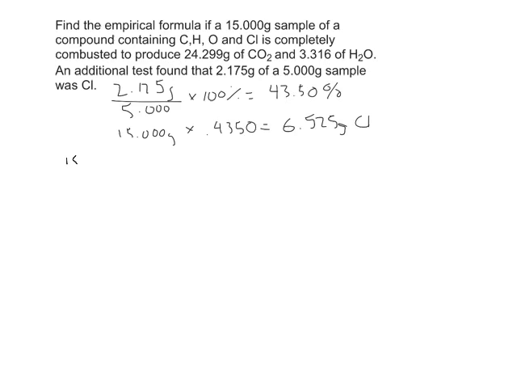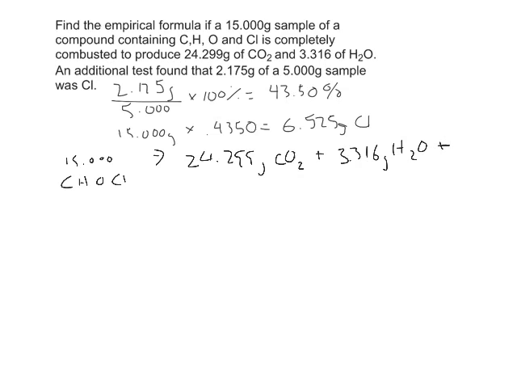So I have 15 grams of my thing that has carbon, hydrogen, oxygen, and chlorine, and it has made 24.299 grams CO2 plus 3.316 grams H2O plus 6.525 grams of chlorine.